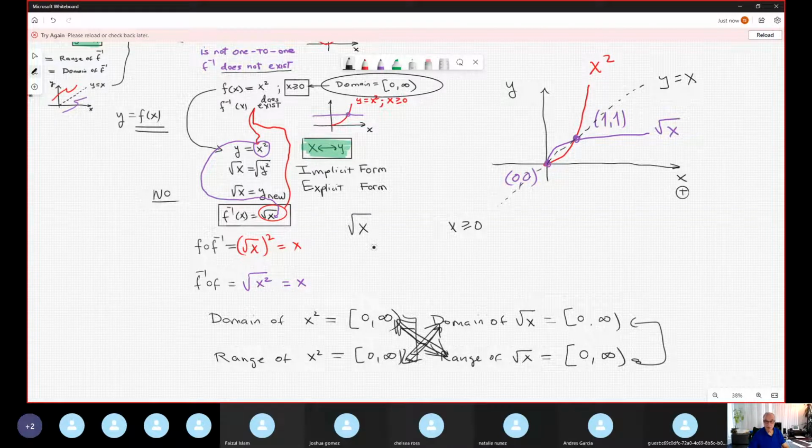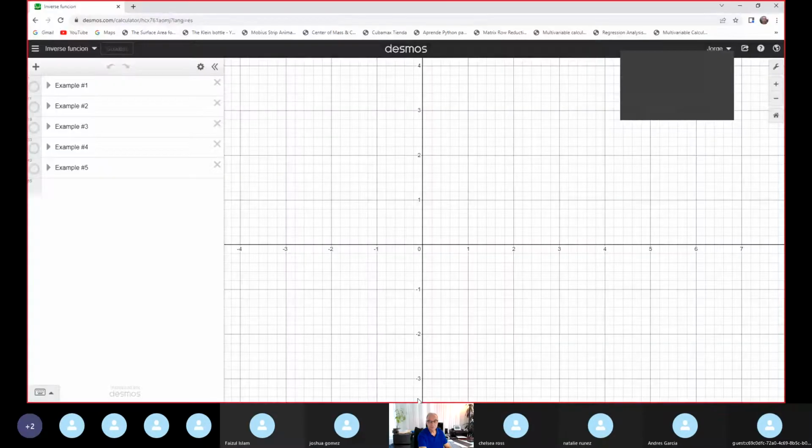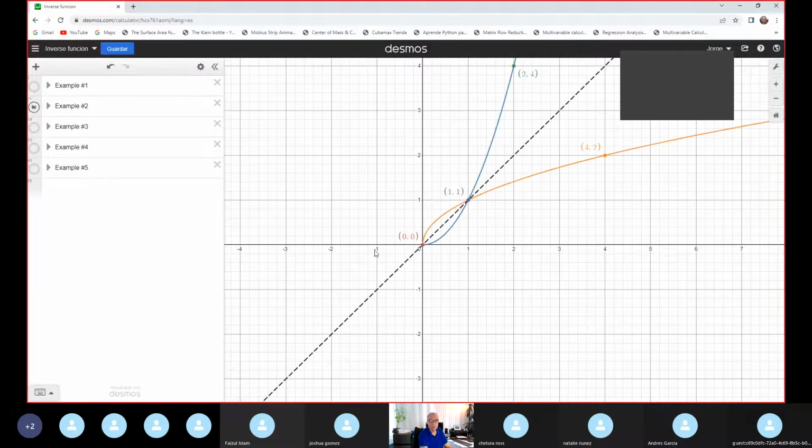Just in case, I want to show you in Desmos what I did. Let me try to share Desmos in this example. This is example 2, no? Yeah. Boom.